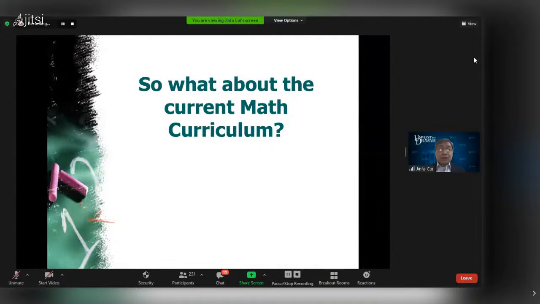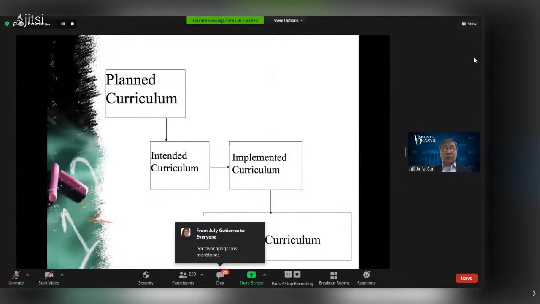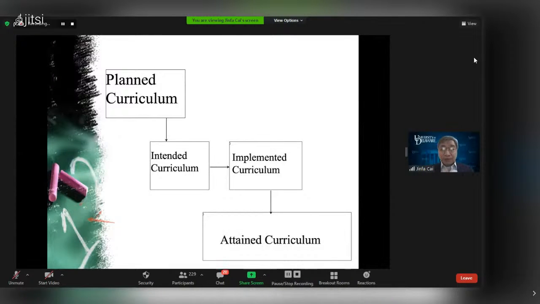Now I want to zoom into the mathematics curriculum. So what about the current math curriculum? On the research part, over the years more and more research has been involved in that kind of work. But what about the curriculum? I look at the curriculum from four levels.